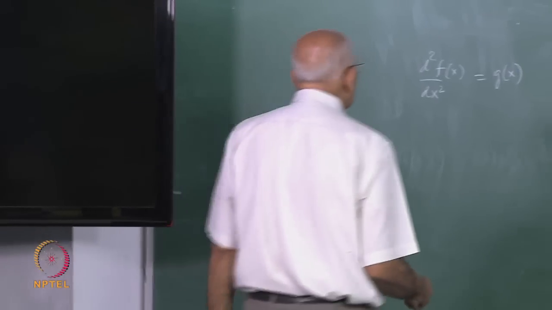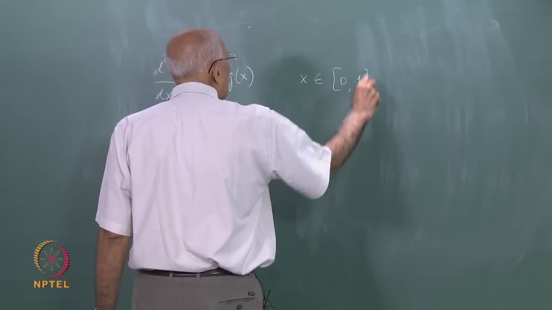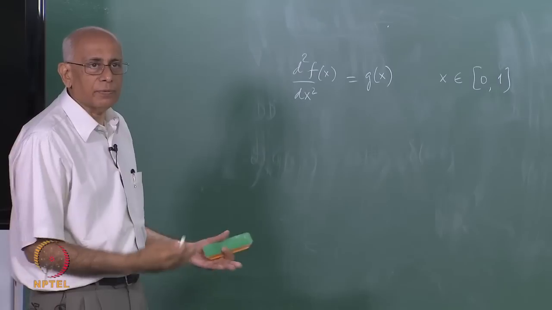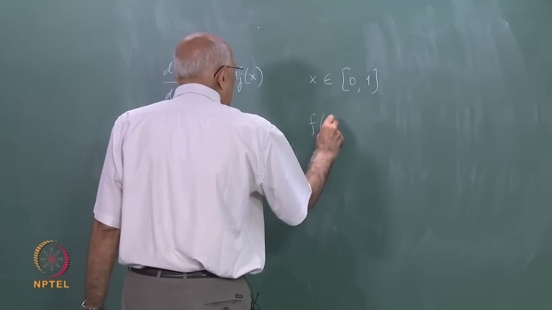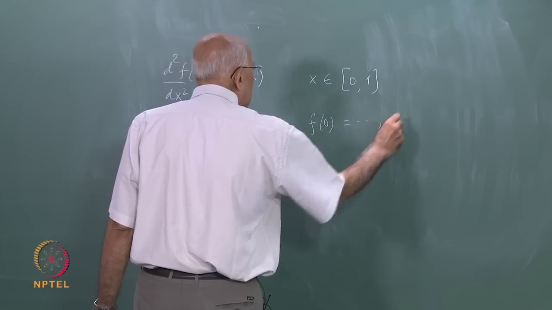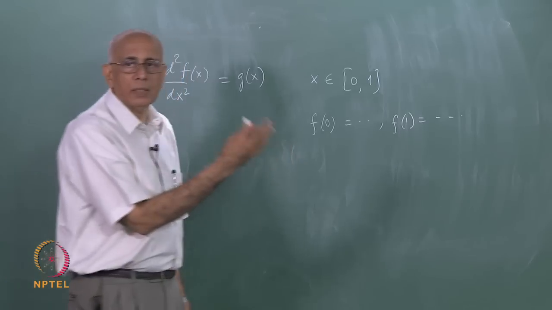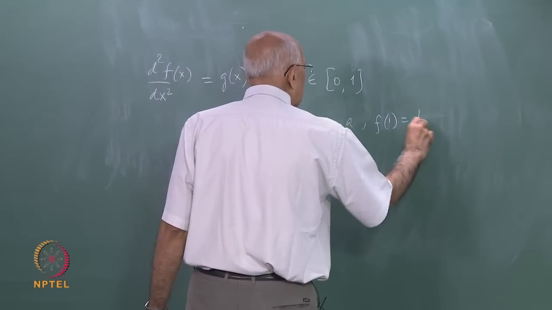So let us take the unit interval, let us say x is an element of [0, 1], and I need to put some boundary conditions on this f. Okay. So typically you would say f of 0 equal to something or the other, f of 1 equal to something or the other, some constant, some other constant. Okay. Call this a, call this b.